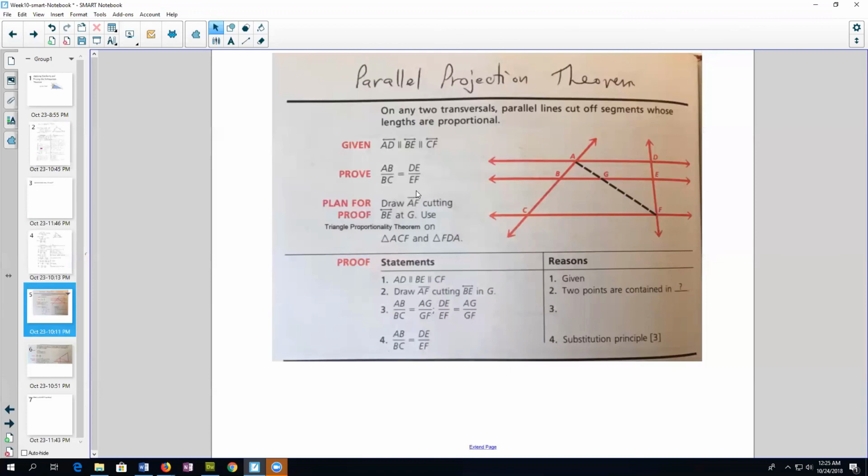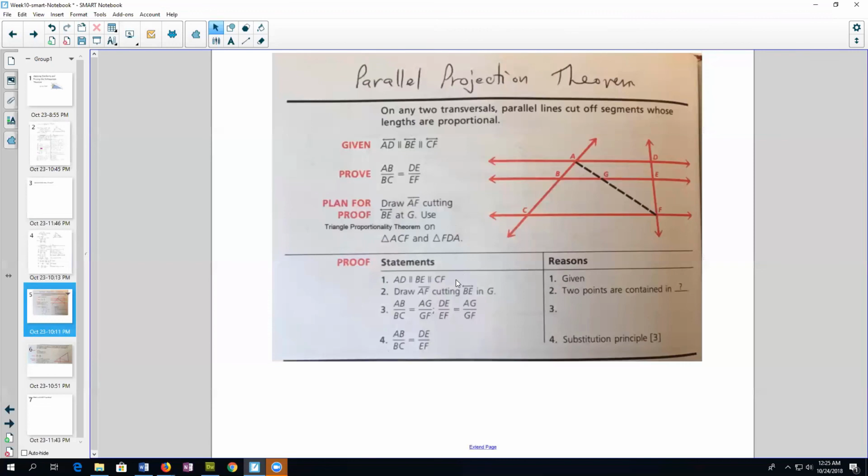This is quite a short proof. We start out with our given information that we have parallel lines. By the way, sometimes a set of parallel lines are called a pencil of parallel lines. I'm not quite sure why the term pencil is used, but it is. Then we draw in segment AF.